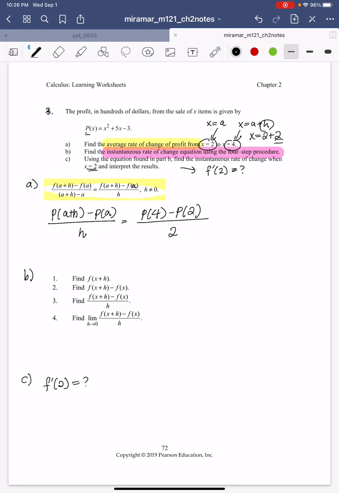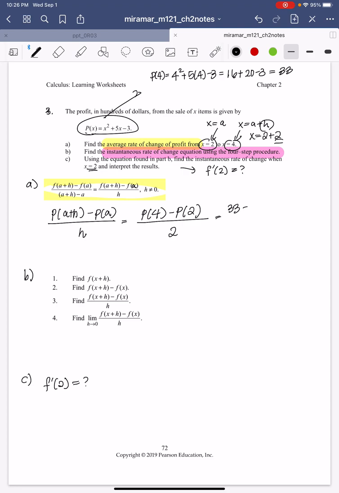So P of 4. I don't know what P of 4 is, so I have to find out manually. So let's do that. P of 4 is plug in 4 into the function. So 4 squared plus 5 times 4 minus 3. So this will give me 16 plus 20 minus 3, which is equal to 33. So my first term is 33.